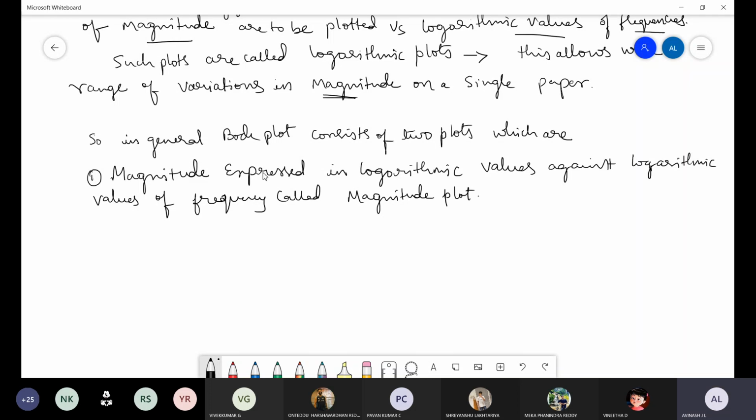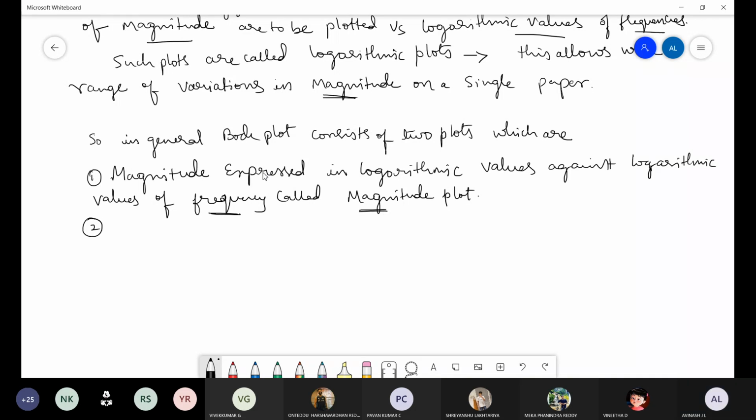So magnitude expressed in logarithmic values against the logarithmic values of frequency, this particular plot is called what? Magnitude plot.